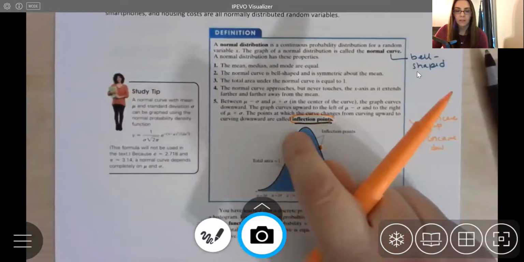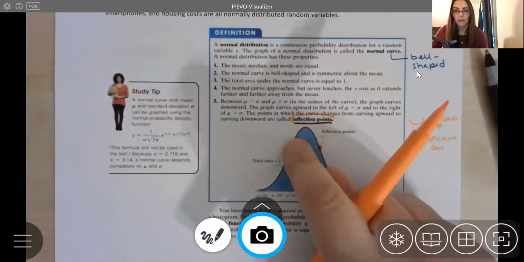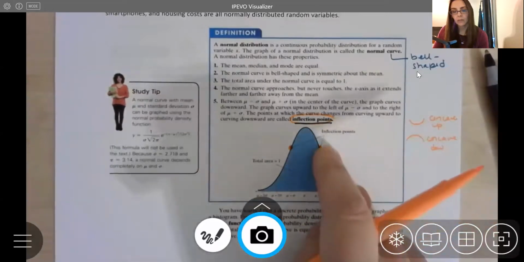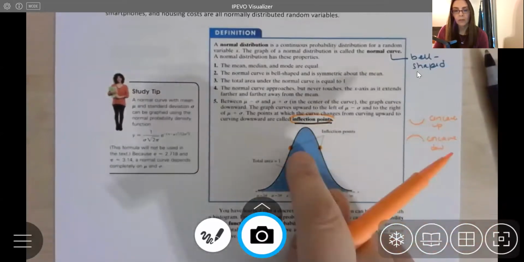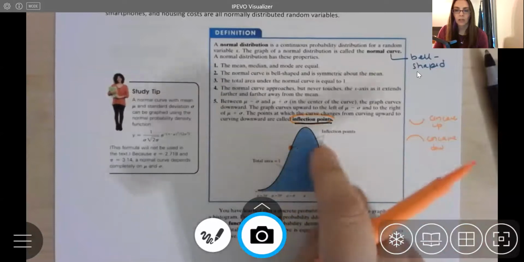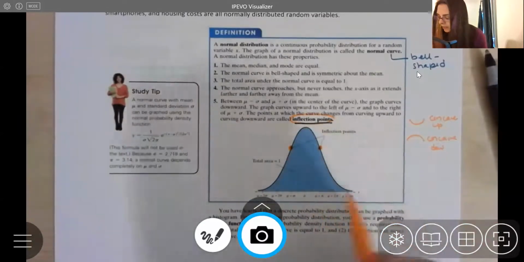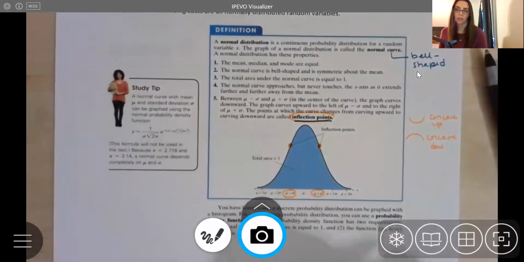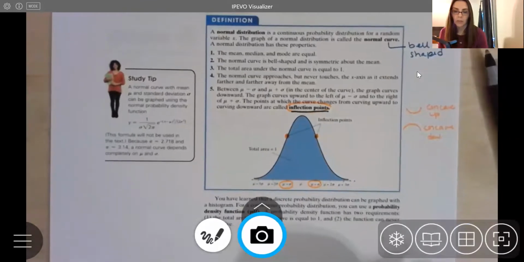Then it flips to concave down, an upside down U, and then it flips back to that regular U shape, concave up. Your inflection points are where it changes direction, and they're specifically at the values the mean minus 1 standard deviation and the mean plus 1 standard deviation. So it's good to know where those inflection points are.